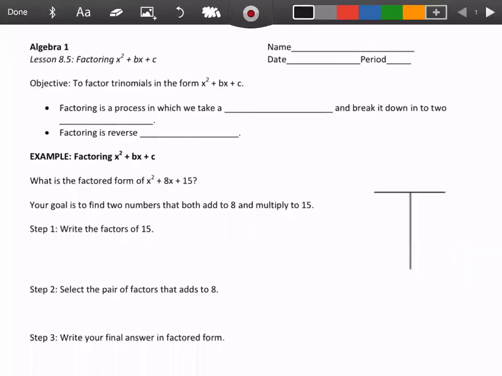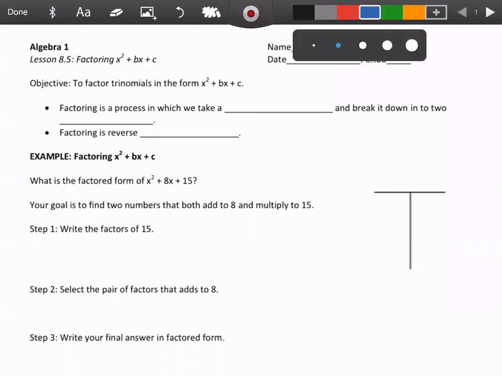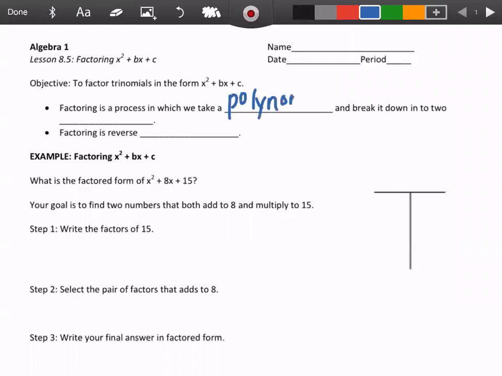Starting off lesson 8.5, we will be factoring trinomials in the form of x squared plus bx plus c. Factoring is a process in which we take a polynomial and we break it down into two binomials.